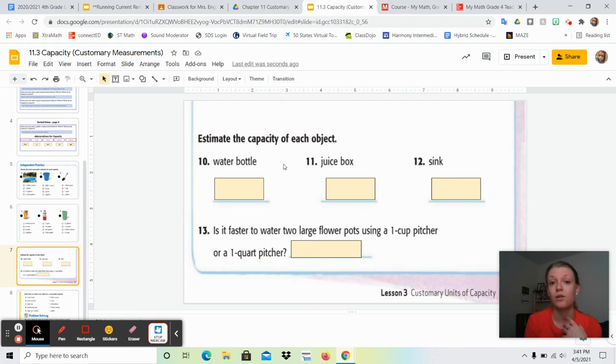You can look at what you have at home and think about how much you could pour into these things. Think about how many of these could fit in there. And if it's like 20 of these, you're not going to use a cup to measure it. You're going to use something larger, like maybe a gallon or a quart.